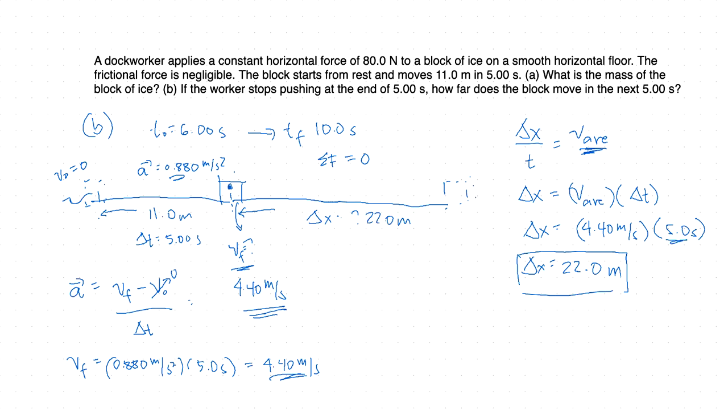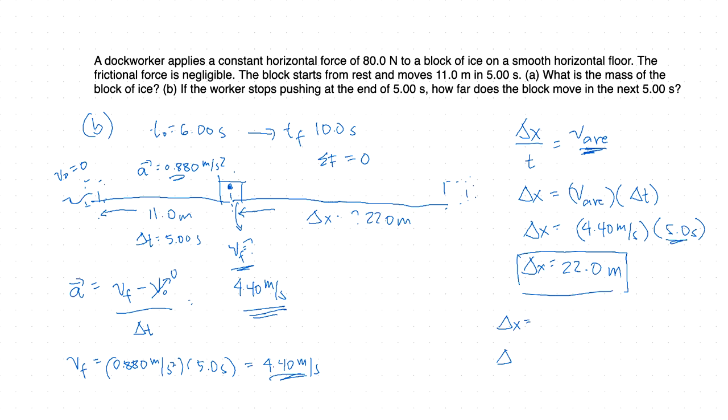Actually, pwede din yung second equation. Displacement is equals to initial velocity times time plus 1/2 AT squared, since the initial velocity is 0. So you can get the same answer. No, the initial velocity, ulit. The initial velocity there is no longer 0, it's the acceleration that is 0.